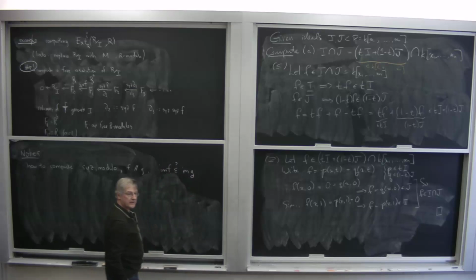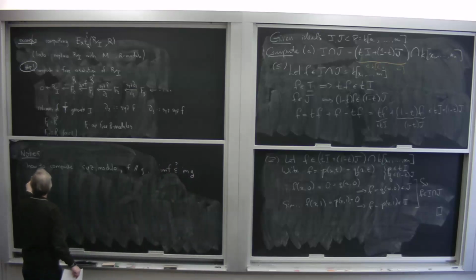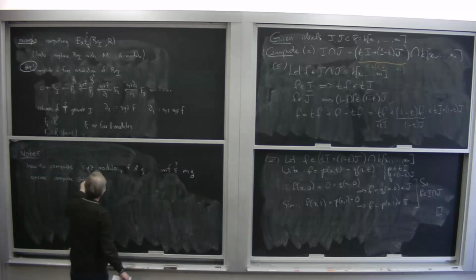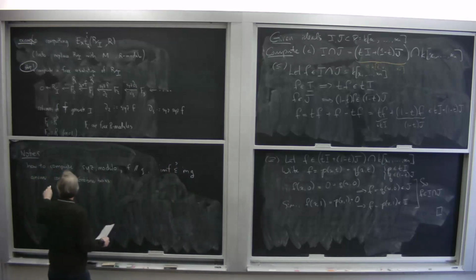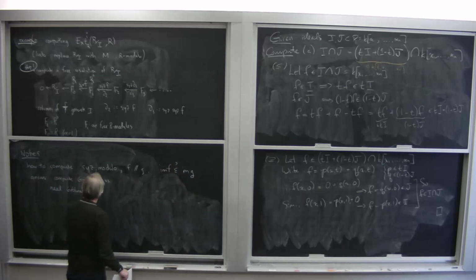These are the four things, and the answer is to compute Gröbner bases. However, we need Gröbner bases in R to the A. We need submodules as opposed to ideals.